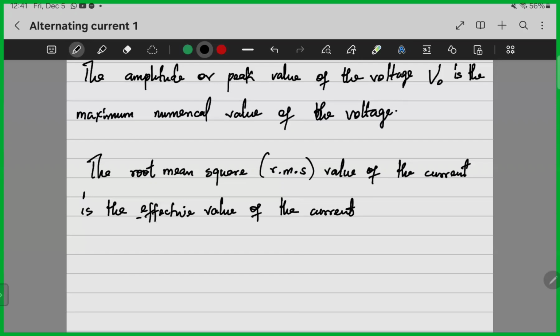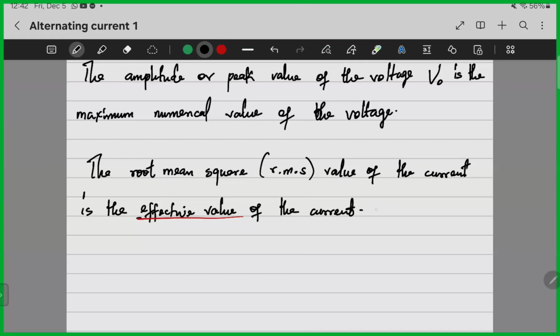See that word effective. And the same thing applies to voltage too. So any definition that applies to current should also apply to voltage. Just keep changing the word current to voltage, and then you're good to go.